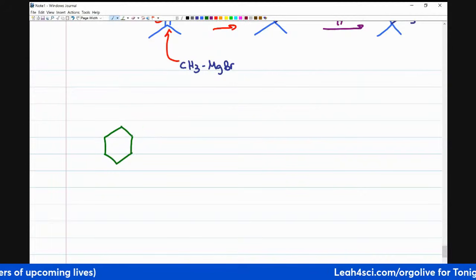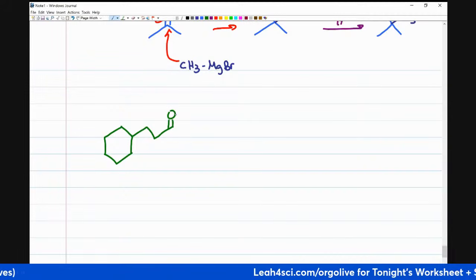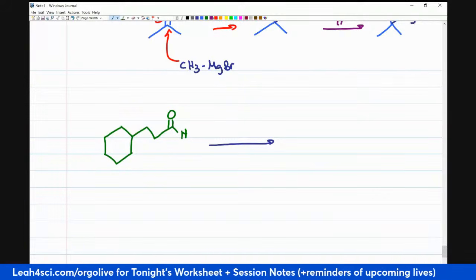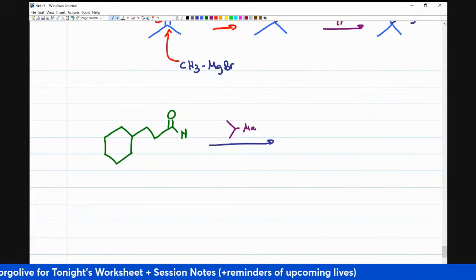Say I have something that looks like this with an aldehyde, and I react it with an isopropyl Grignard, like that.